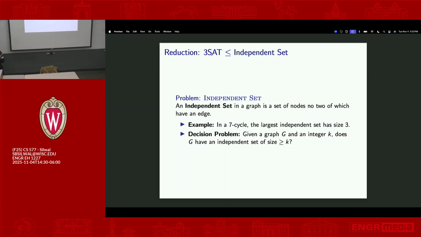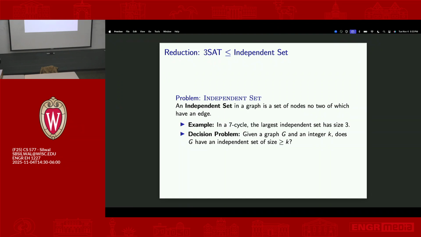Yeah, because for this one you can give the blue nodes and check them. Exactly. So 90%, 100% of the time, even in this class, the thing to check if a problem is in NP is just: if I give the solution, can I check it? Here, I'll just tell you this is the claimed independent set of size at least k. I just check there are no edges between them. That's clearly polynomial time.